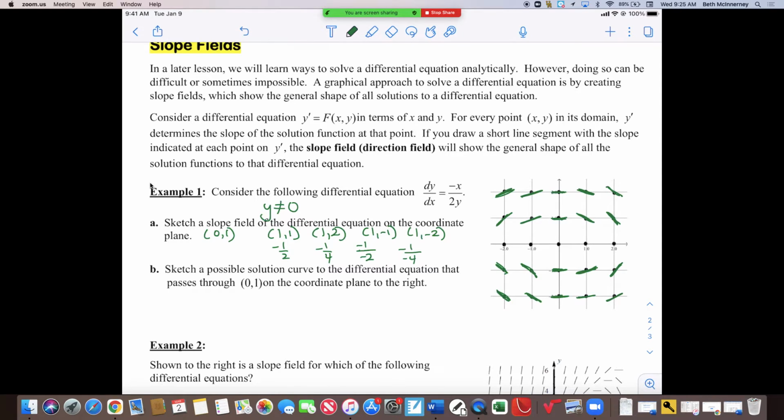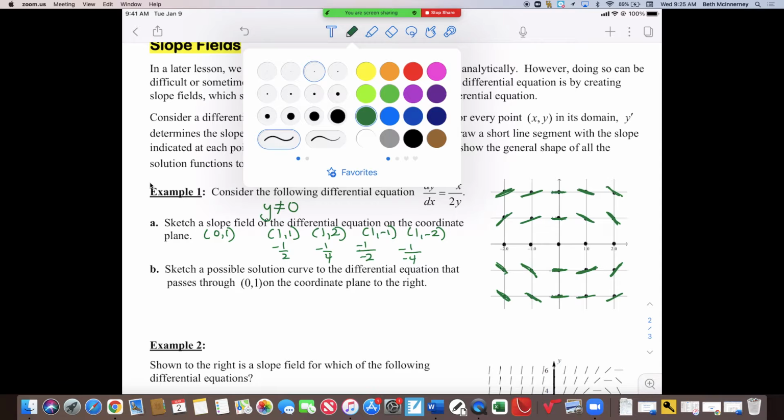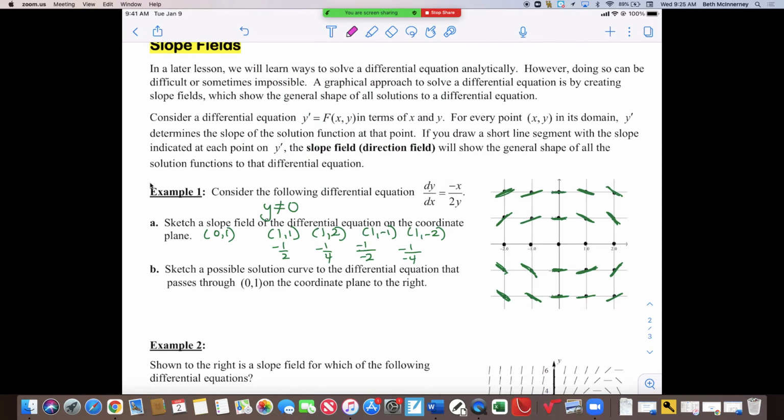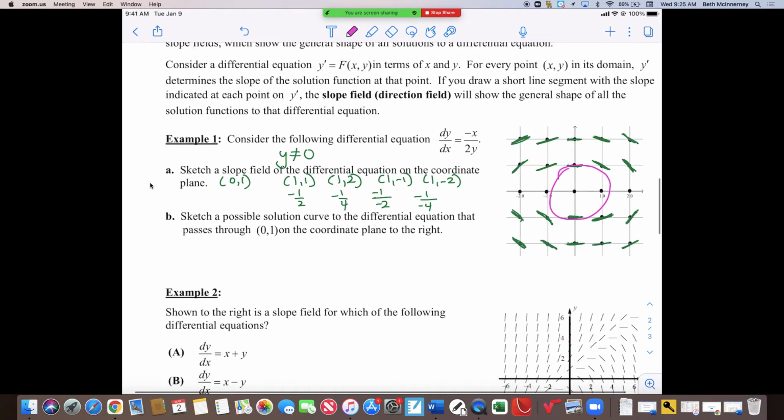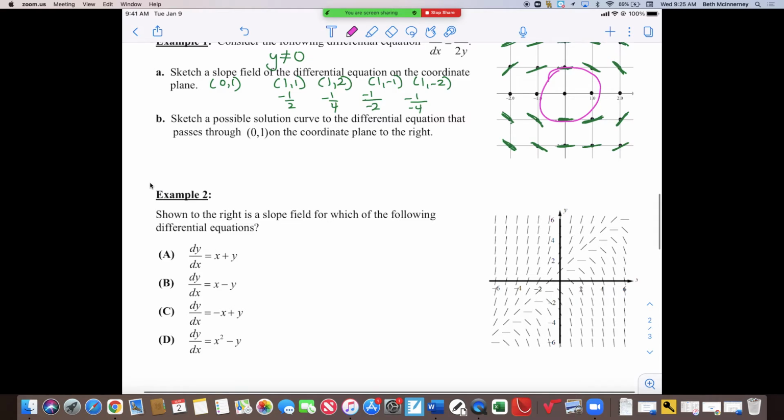Okay, so what shape looks like it's emerging? A circle, doesn't it? That's not a great sketch, but it's looking like it's going to be a circle. So let's look at example 2.